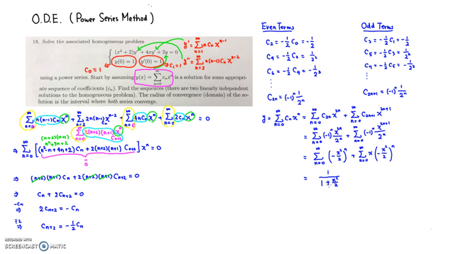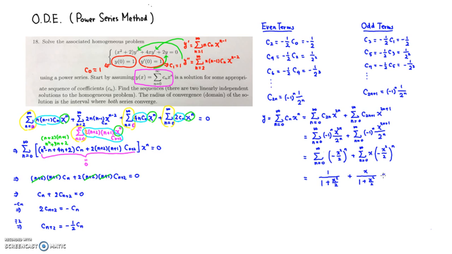The other one has the x there, so that's the first term, over 1 minus negative x squared over 2. I don't like having a fraction inside the fraction, so I'm going to multiply top and bottom by 2.